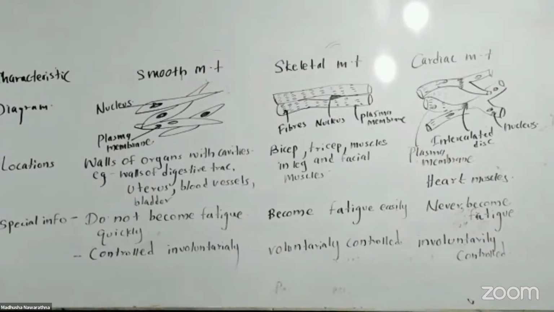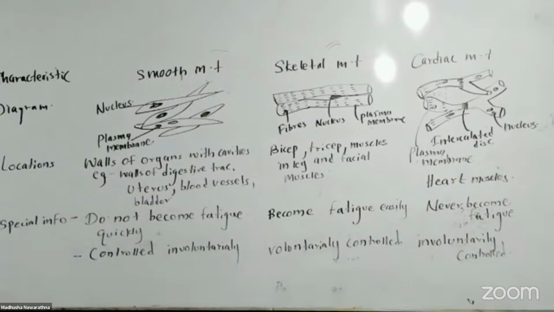In skeletal muscle tissues, there are fibers, nucleus, and plasma membrane, and it's not branched, unbranched. But in cardiac muscle tissues, you can observe nucleus, intercalated discs, and the plasma membrane, and these tissues are branched.